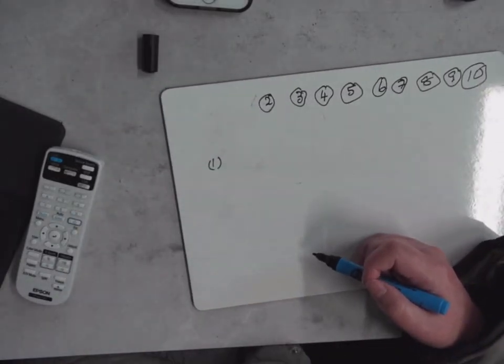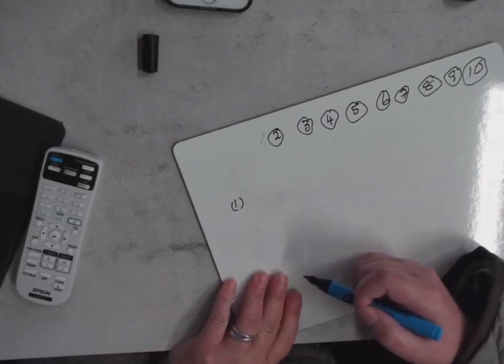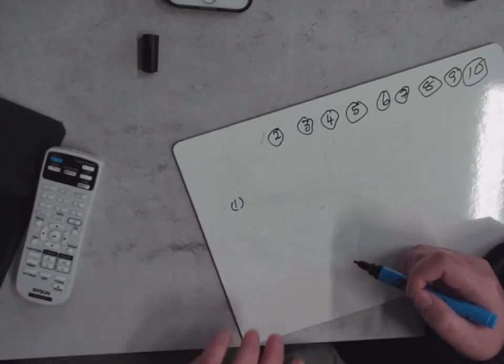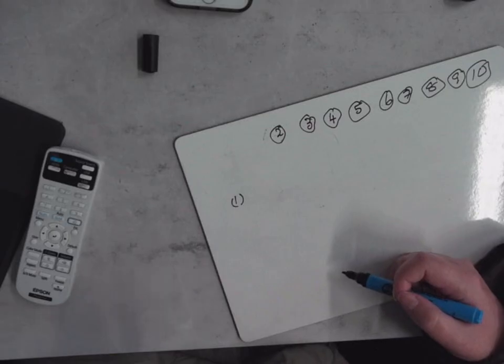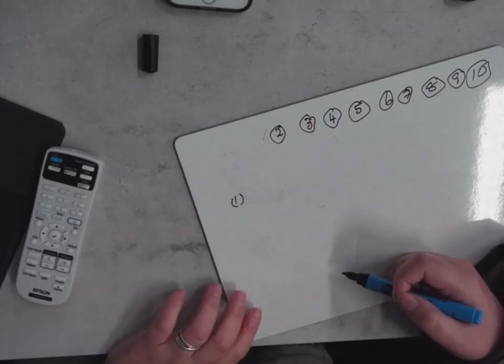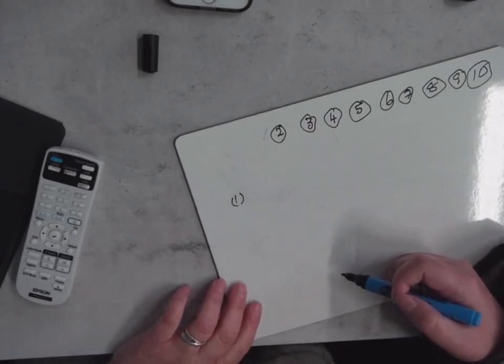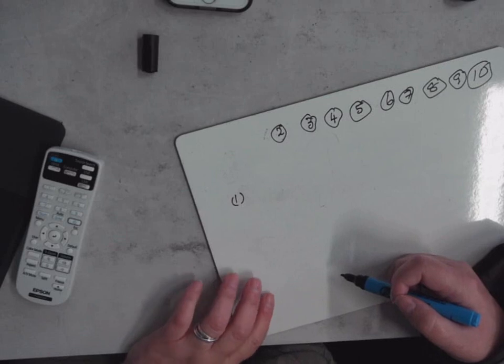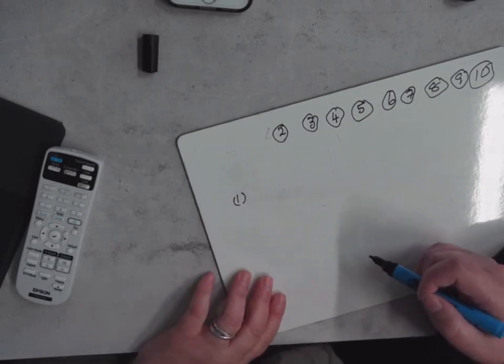In the first one, it's not a combination, so it's just regular probability. A disc was picked at random and replaced. Very important. A second disc was then picked at random, find the probability both discs showed prime. So I wrote them out.